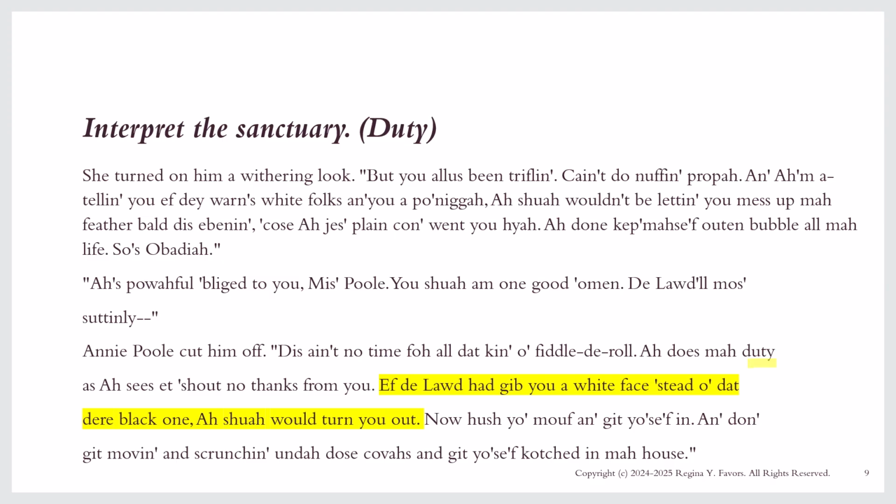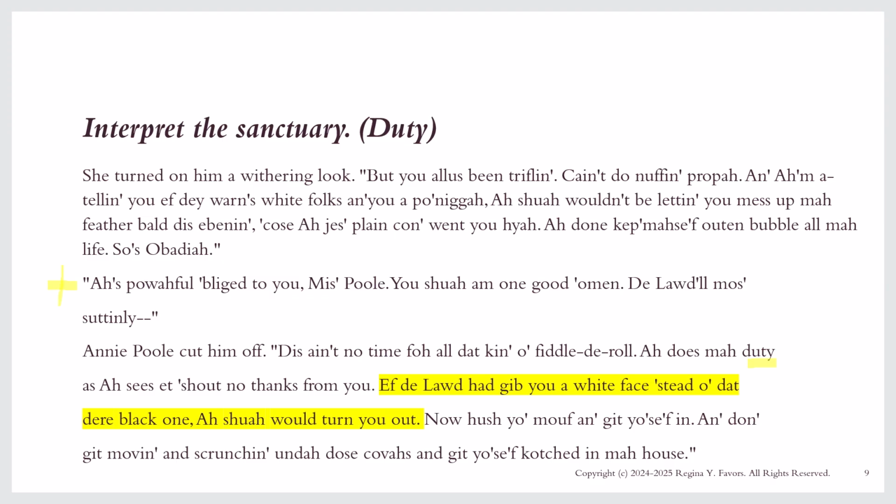So the sanctuary is a duty. It's her duty to help him. That means it's a racial duty to help him. And now he's performing when she tries to keep her distance by the way she talks to him. He tries to be thankful and grateful, but he's really not that.